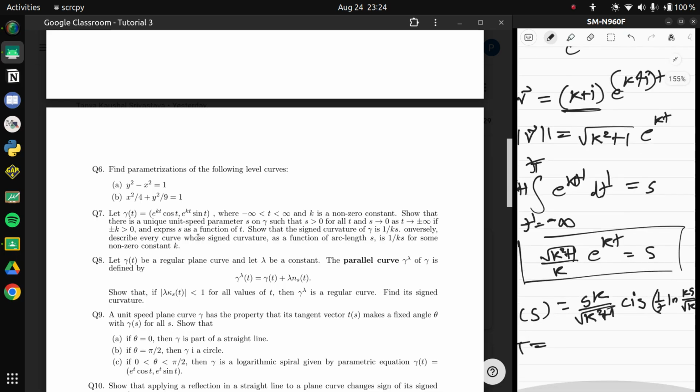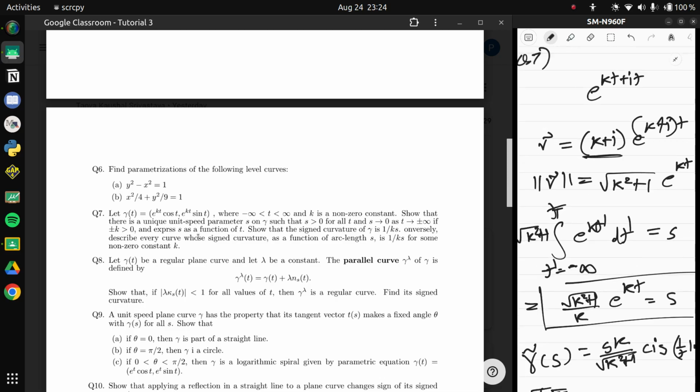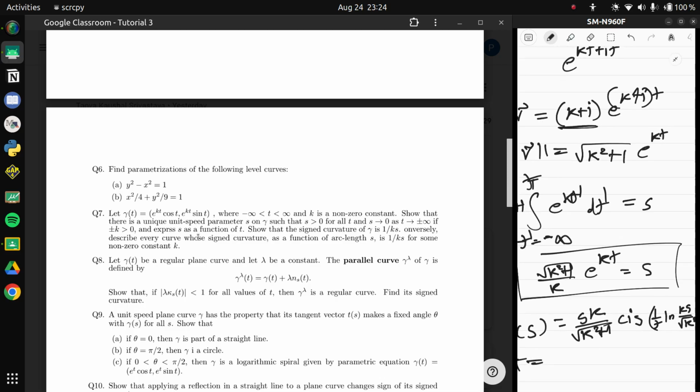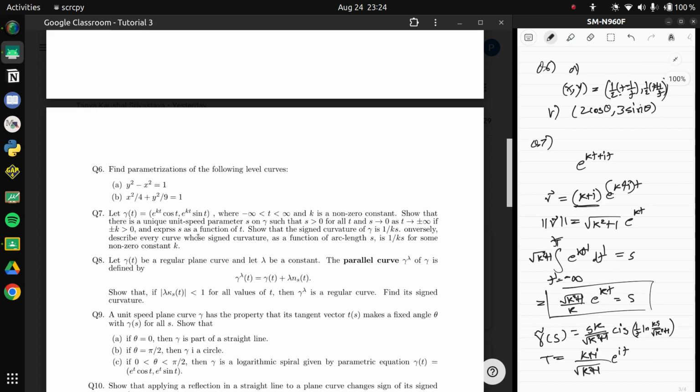You know what? I'm just going to take the derivative of the initial thing and then normalize it. So your velocity vector was just this stuff divided by its magnitude. So that would be k plus iota upon square root of k square plus 1, times e power iota t. That's what your T vector is.